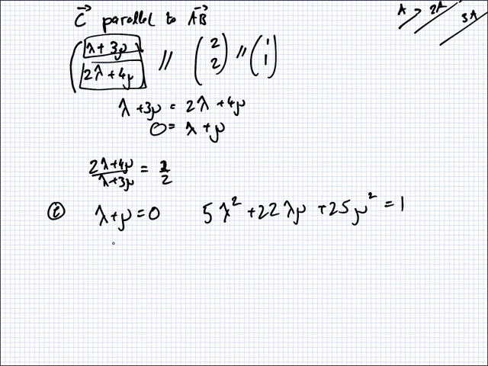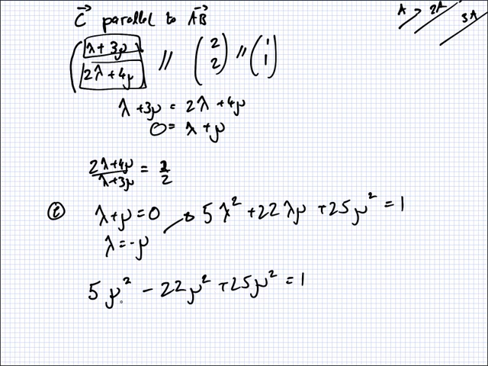So we could say lambda equals minus mu and put that in. So we get 5 mu squared minus 22 mu squared plus 25 mu squared equals 1. So that's 8 mu squared equals 1.